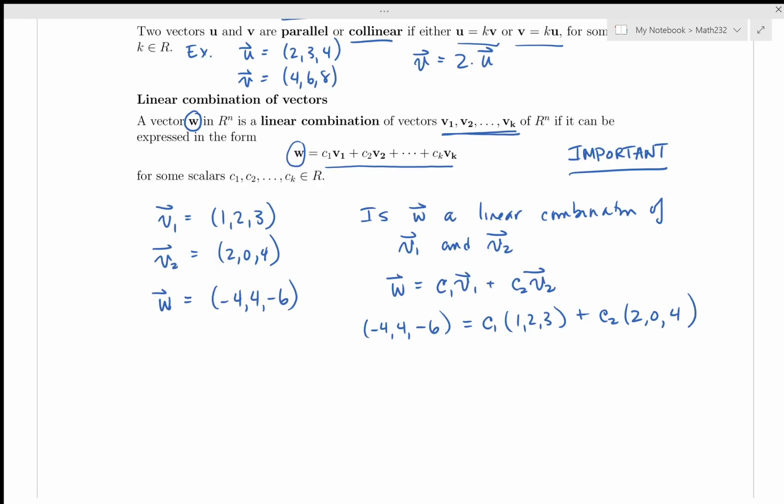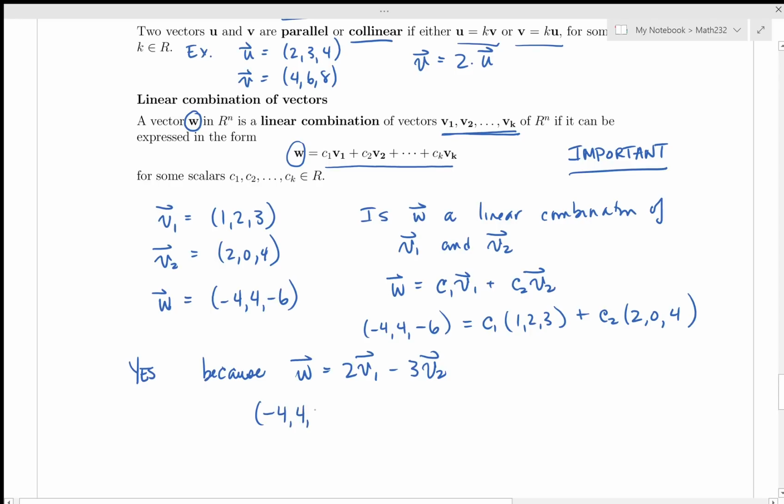That is my question, and I'm going to tell you that in this case the answer is yes, because w is in fact equal to 2 times v1 minus 3 times v2. Let's see if I'm right. So the thing is (-4, 4, -6).